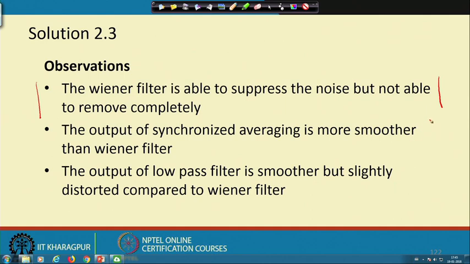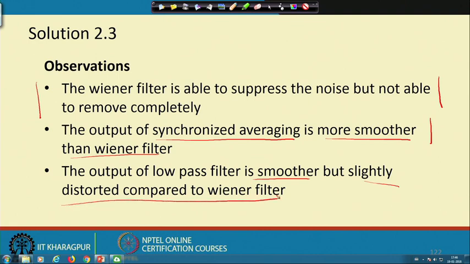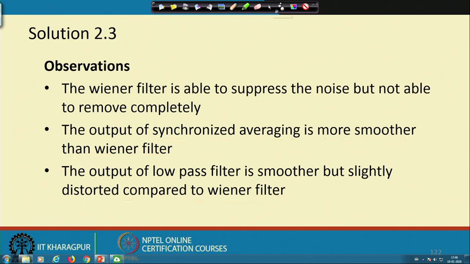Next, the output of the synchronous average is smoother than the Wiener filter. In fact, it is the smoothest one. The output of the low pass filter, using the Butterworth filter, is smooth, but slightly distorted compared to the Wiener filter. So, that is the conclusion we make for this third experiment of tutorial 2. Thank you.